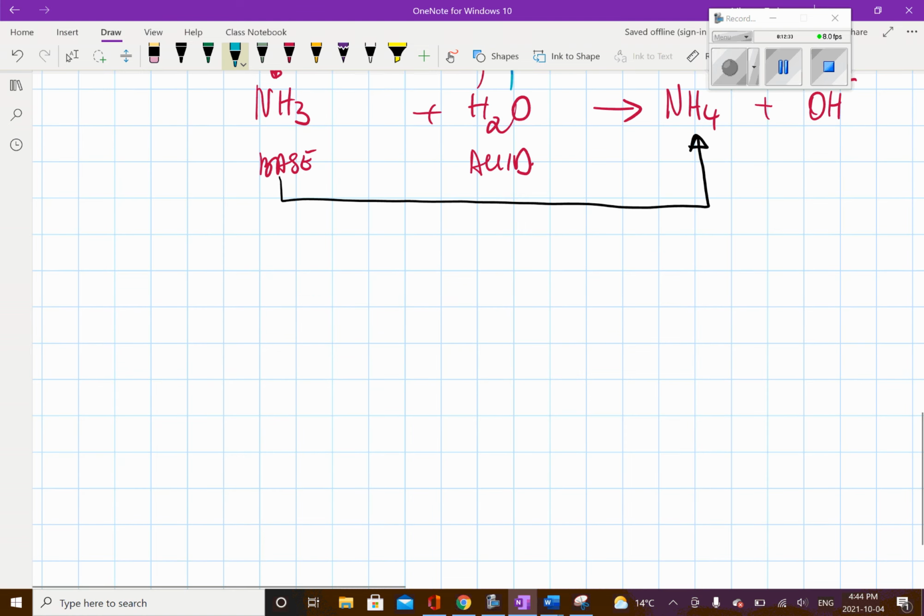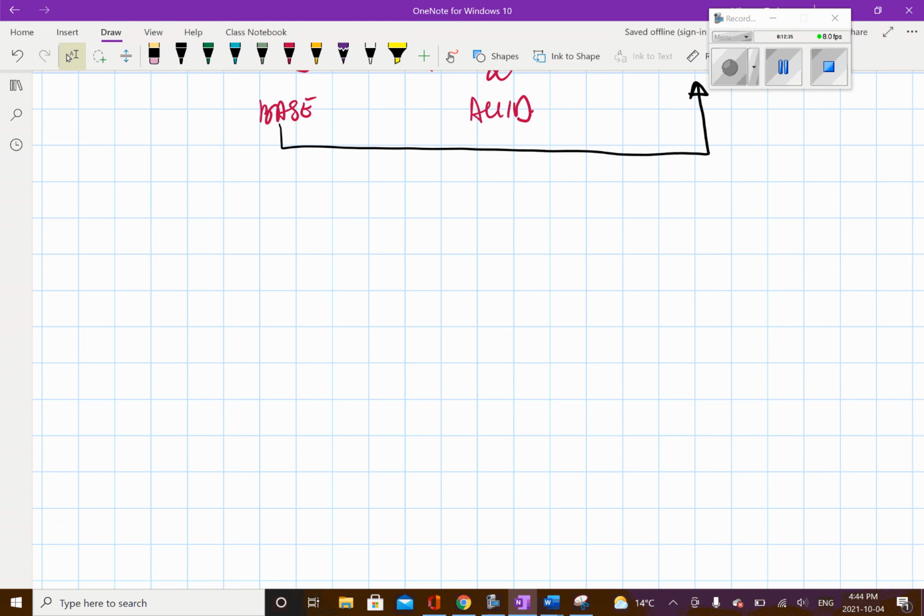In other words, how can we identify a conjugate base and a conjugate acid? Let's suppose we have water. The conjugate acid of water is the one that has grabbed the proton, so it's the same thing plus one H plus. H2O plus one hydrogen will be H3O plus.